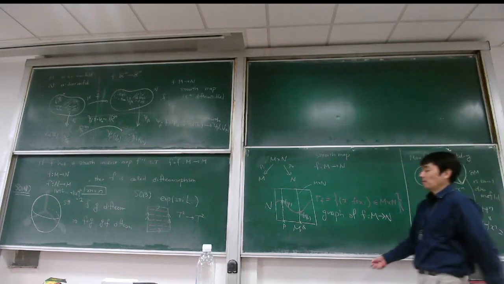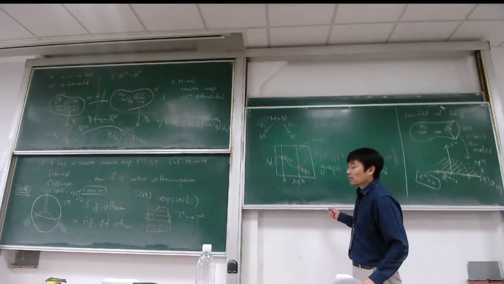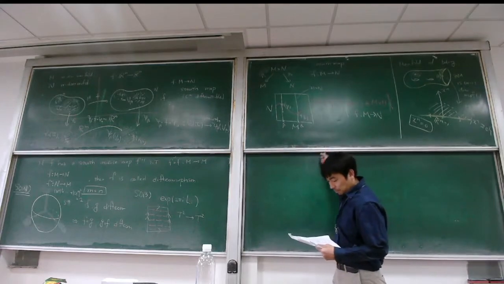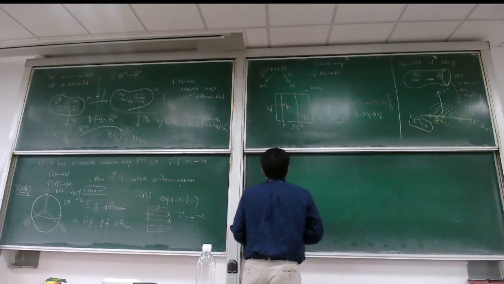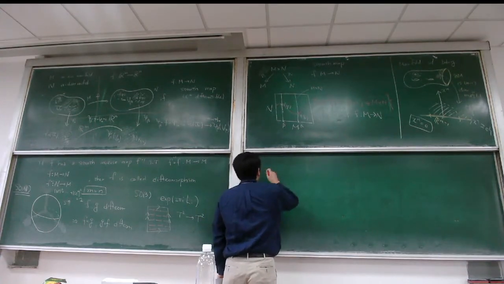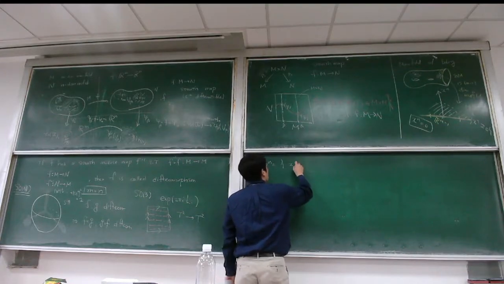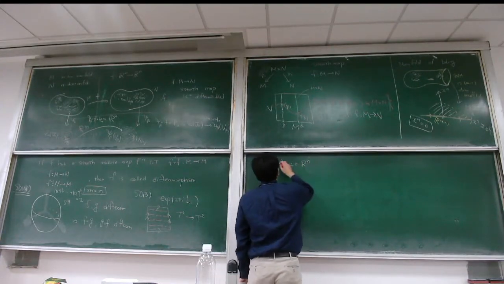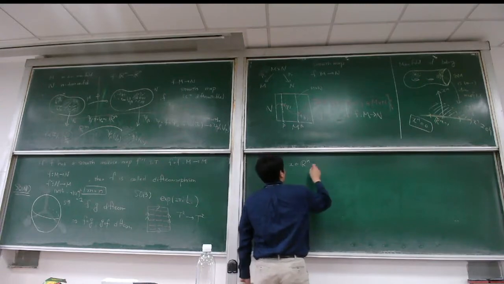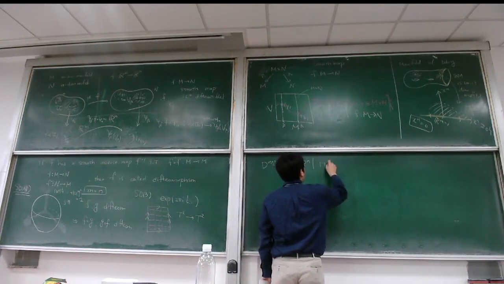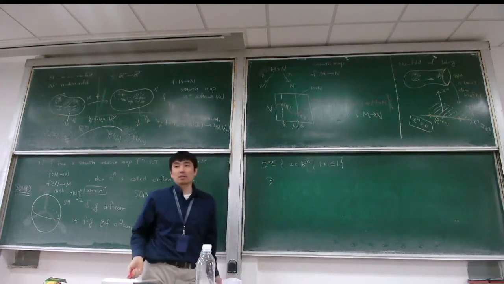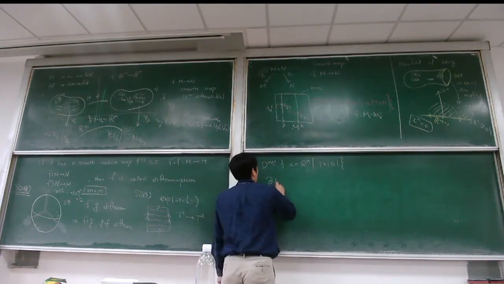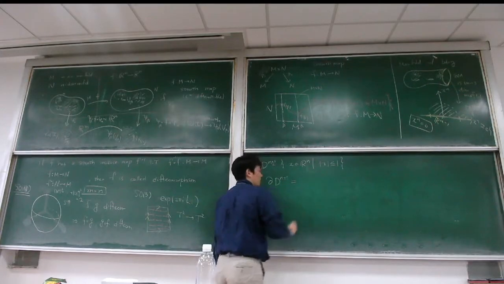So it's an n minus 1 submanifold inside M. For a simple construction, consider D^n inside R^n. So this is an n plus 1 dimensional disk, and then what is the boundary of the disk?